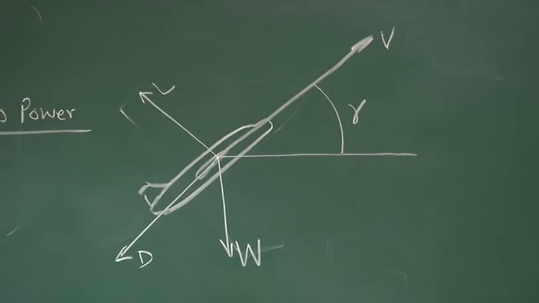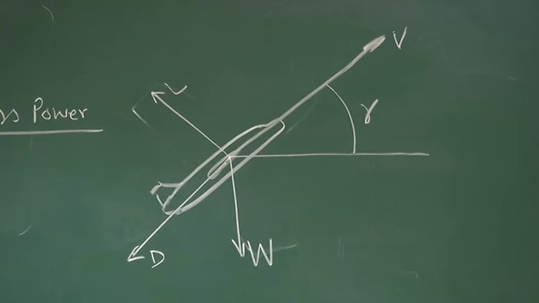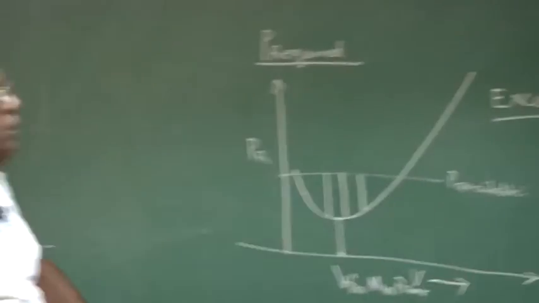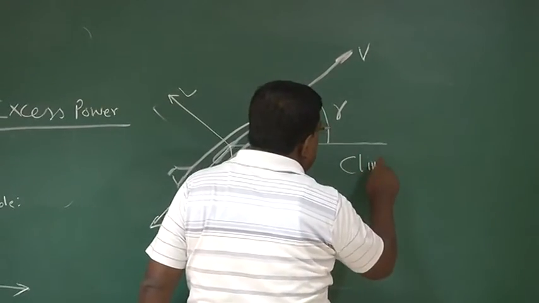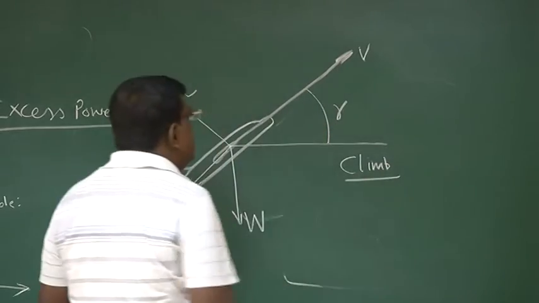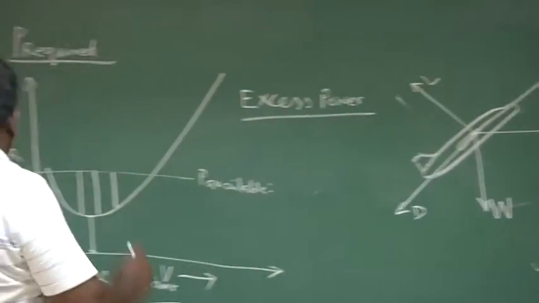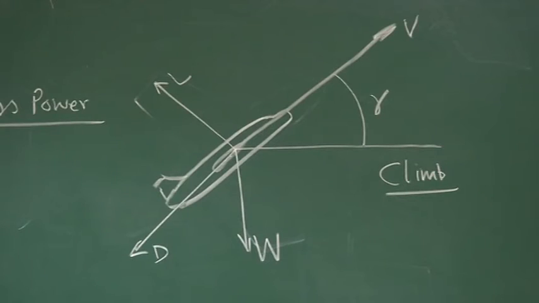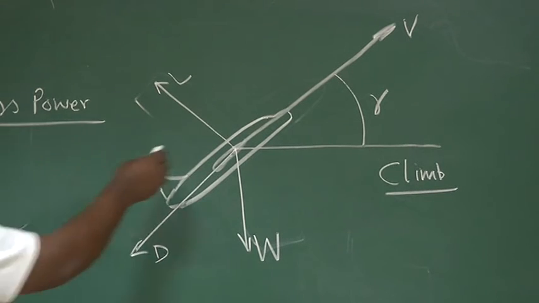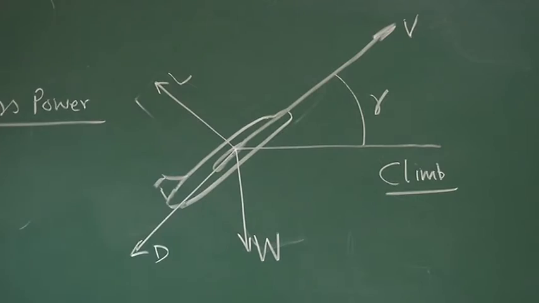This is a typical schematic representation of an airplane which is not cruising, it is now climbing, okay? We say it is climbing, or the flight phase is climb. Let us see here. If I now try to write the force balance along the velocity direction, along this direction, what do I get?